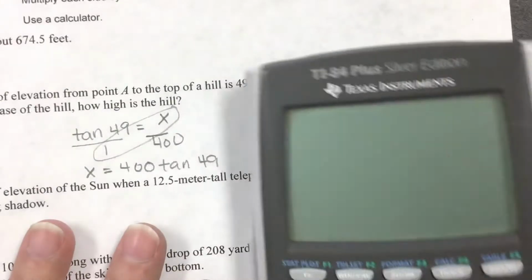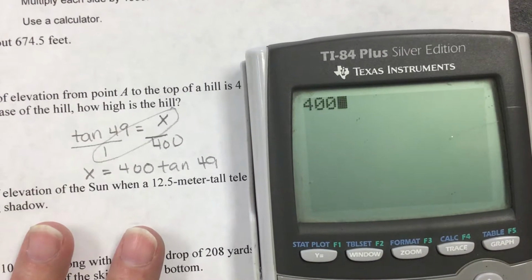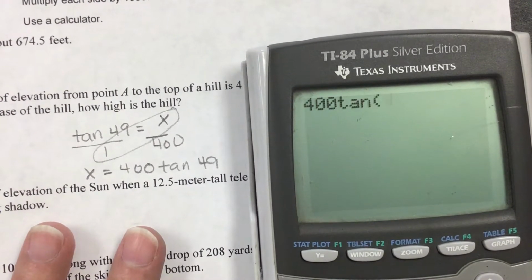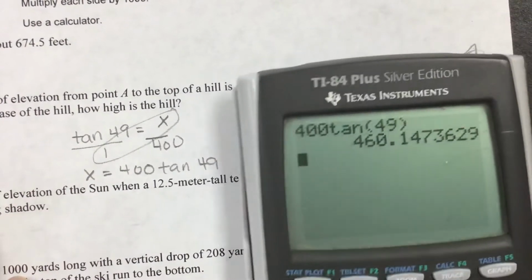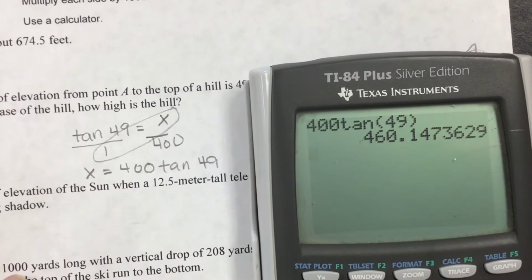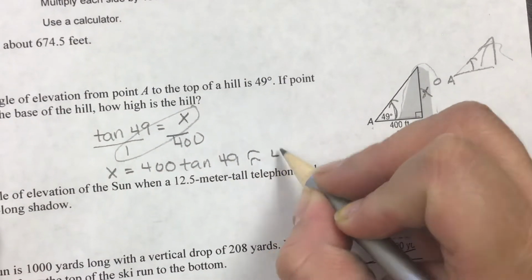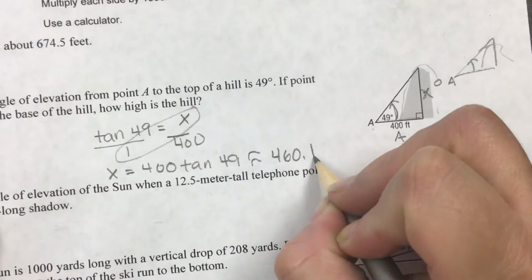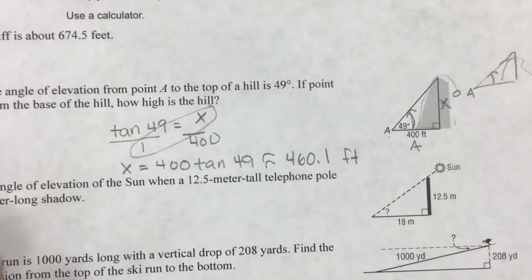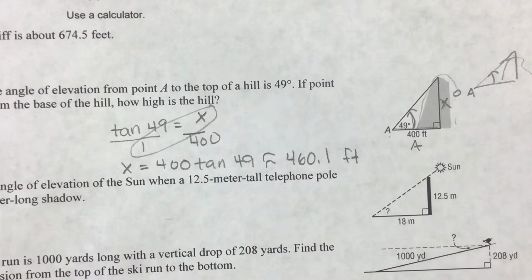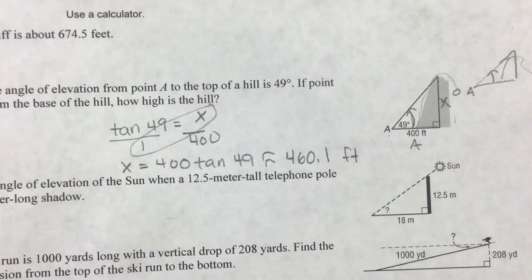When you put that in the calculator, 400 tangent of 49, the answer comes out to be approximately 460.1 feet that this hill is tall. So we already know how to solve them. The problem is just setting up this triangle.